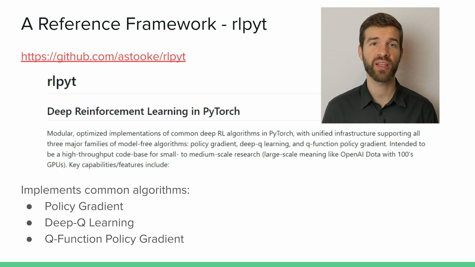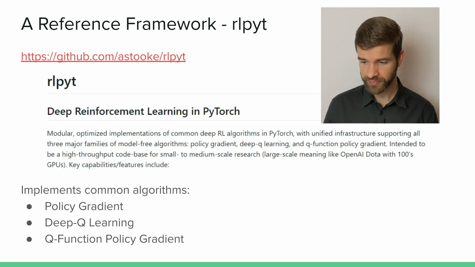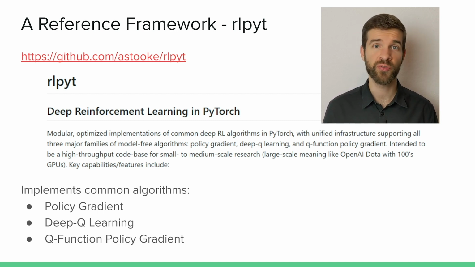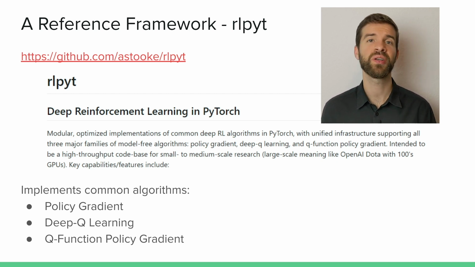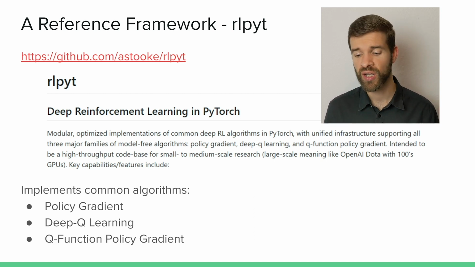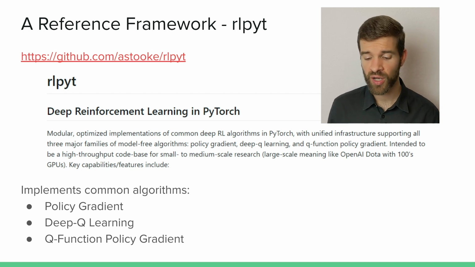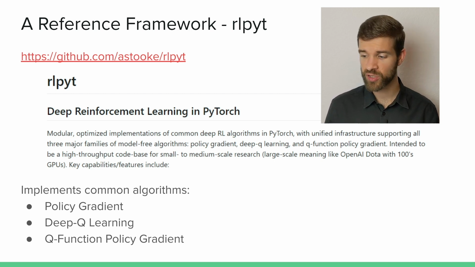Another reference framework that I find particularly useful for reinforcement learning is RLPyT, which is a modular implementation for deep reinforcement learning in PyTorch. And you can play around because they already implemented many of the algorithms that are really popular here, like policy gradient or deep Q-learning that we've seen before, and a lot of other functions and algorithms that belong to this family of reinforcement learning.